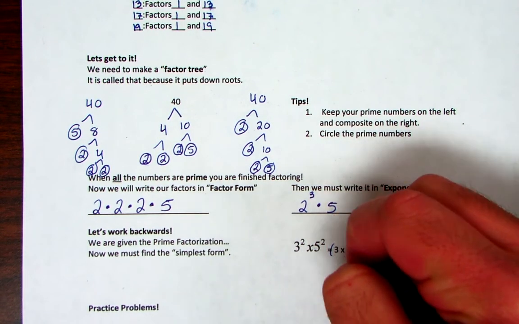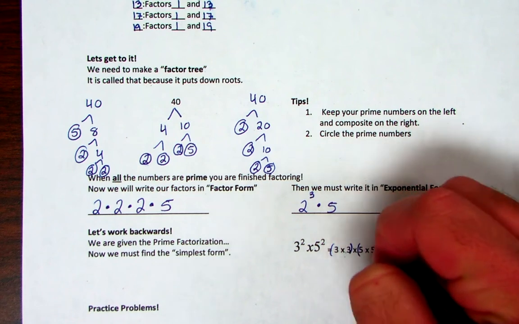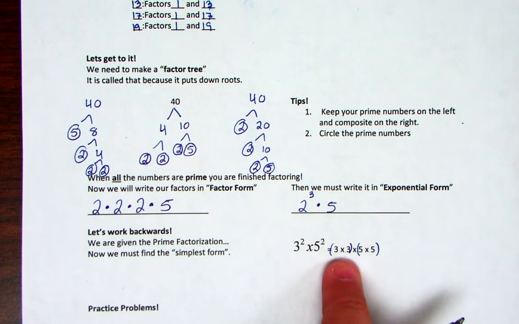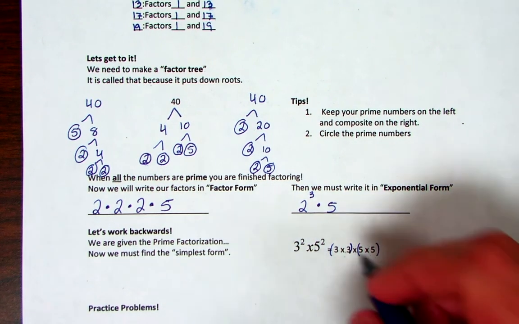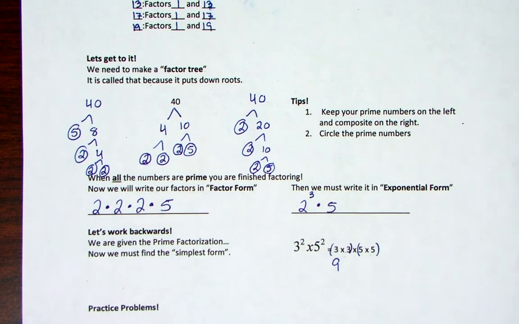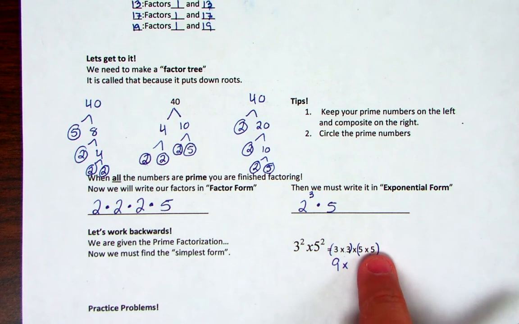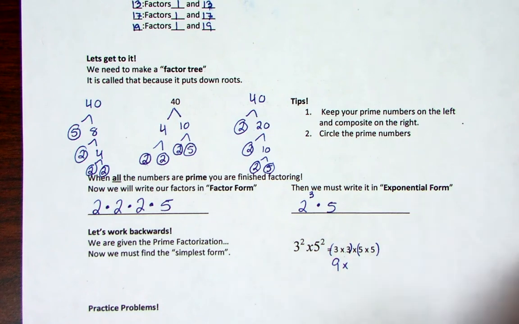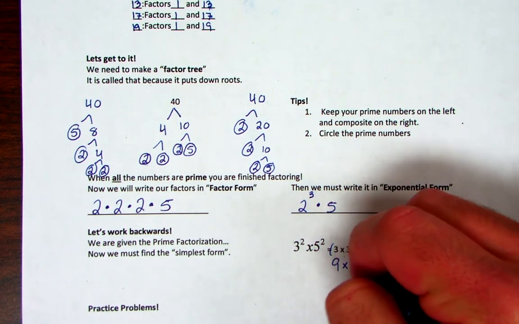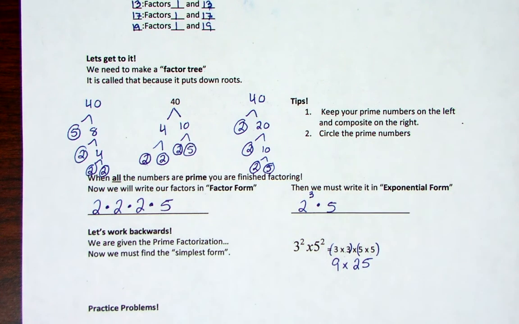Let's break it up. What is 3 times 3? Well, that's 9, Mr. Noland. Well, that's good. And I want to multiply that by, well, what's 5 times 5, guys? That's 25, Mr. Noland. Very good. Now it's just 9 times 25. Does anyone know what that is? 9 times 25?